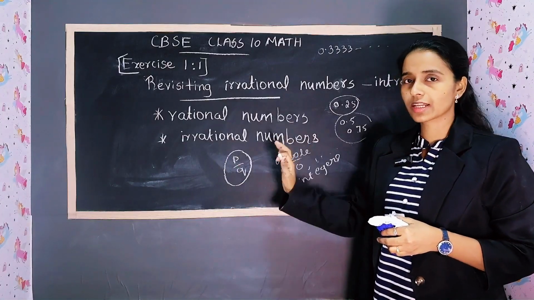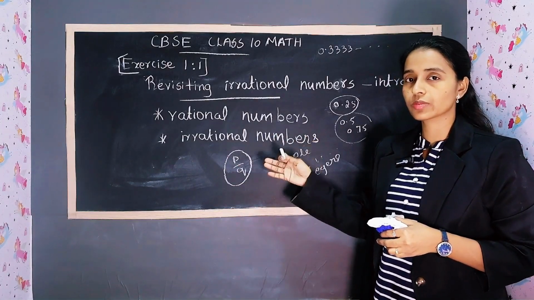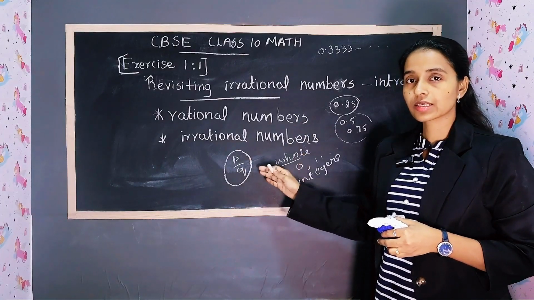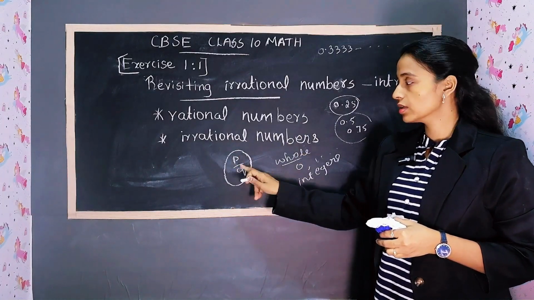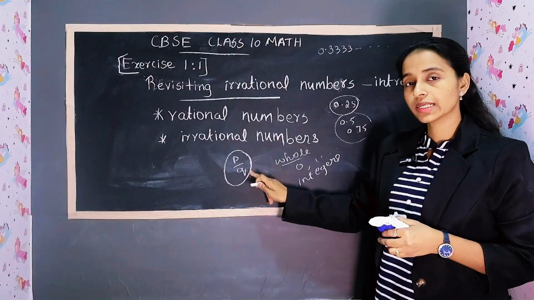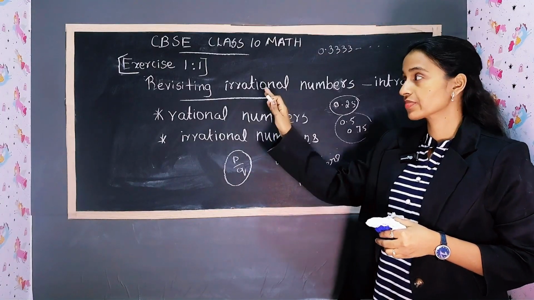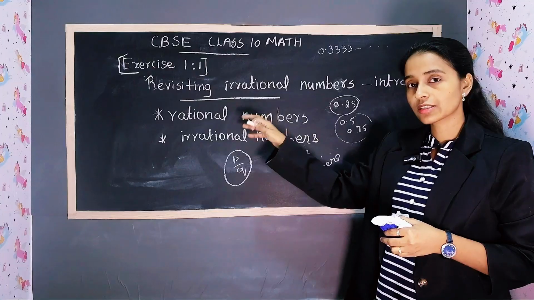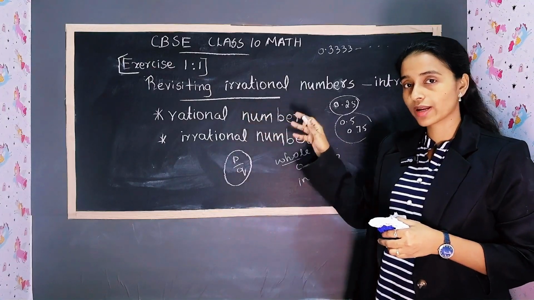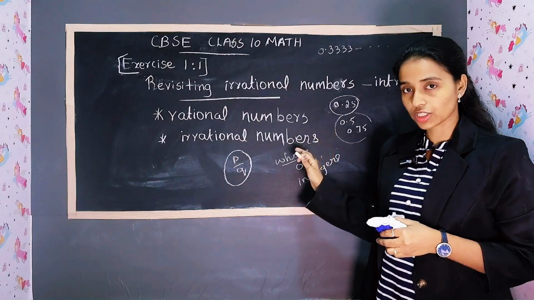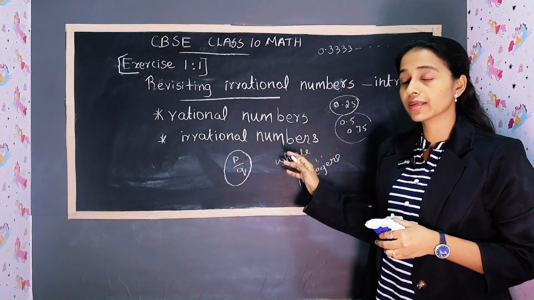P represents any number, Q represents any number. I am taking P and Q. One numerator and one denominator, that is a fraction. Only rational numbers can be written in the form of a fraction, but we cannot write irrational numbers in the form of a fraction. That's the main thing.